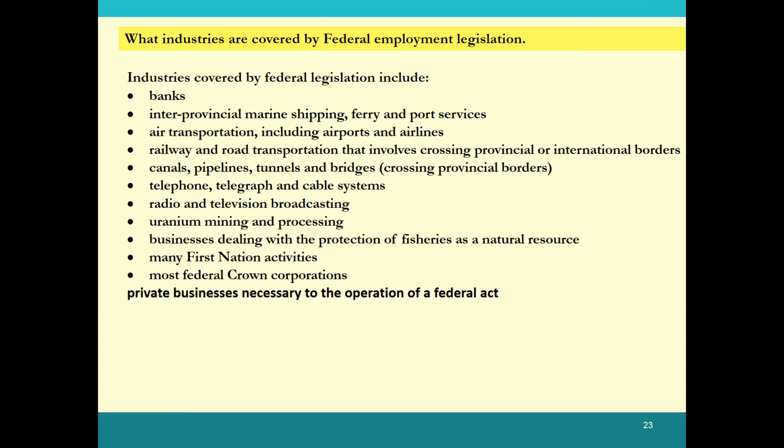Industries covered by federal legislation include banks, interprovincial marine shipping, ferry and port services, air transportation, railways, canals, pipelines, telephone, cable systems, radio and television broadcasting, uranium mining and processing companies, businesses dealing with the protection of fisheries and natural resources, many First Nations activities, most federal crown corporations, and private businesses necessary to the operation of a federal Act.